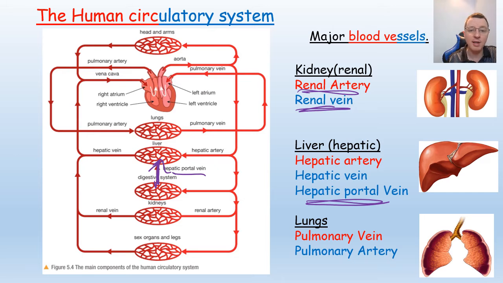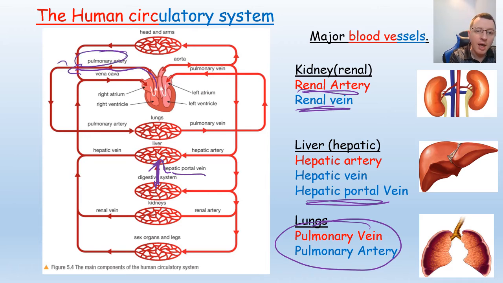And then the final veins and arteries that you really need to know about from this diagram are the pulmonary vein and the pulmonary artery, and they're the only two that are the opposite way around. The pulmonary artery, as you can see here, is carrying the blood away from the heart and towards the lungs, and therefore it's an artery because it's carrying blood away from the heart, but that blood is deoxygenated.